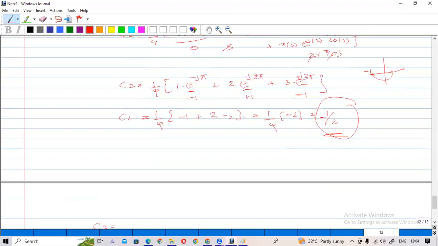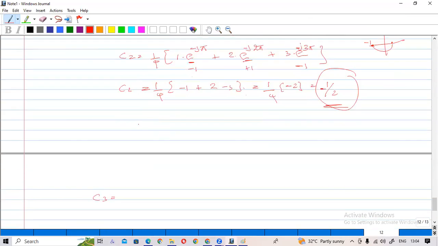Magnitude spectrum means, okay. So I told you that. So CK, this value will be a complex value. This Fourier coefficients will be a complex value. Okay. So you have the magnitude then e to the power minus j theta.